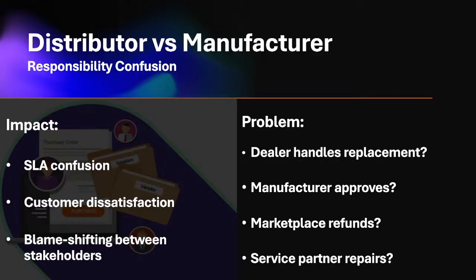As you can understand, there is no proper SLA, or service level agreement. If I'm buying a product from you as a manufacturer, what would be the service model or service level agreement that you are offering me?